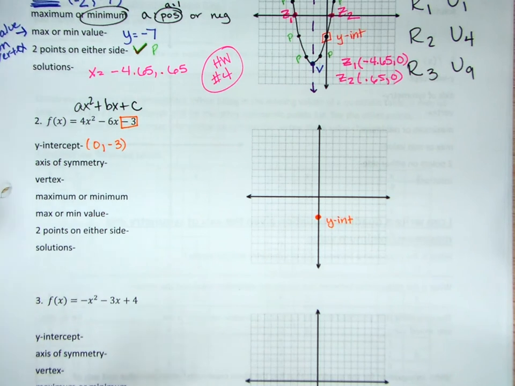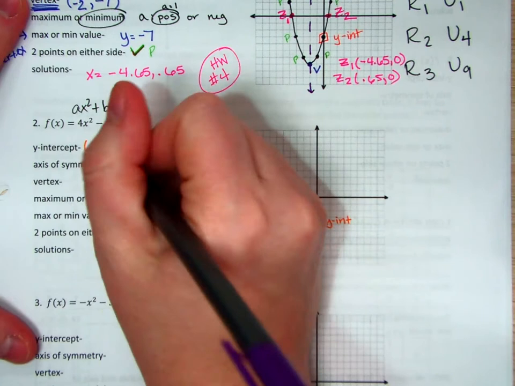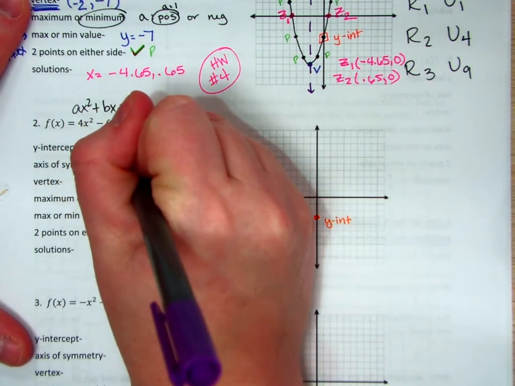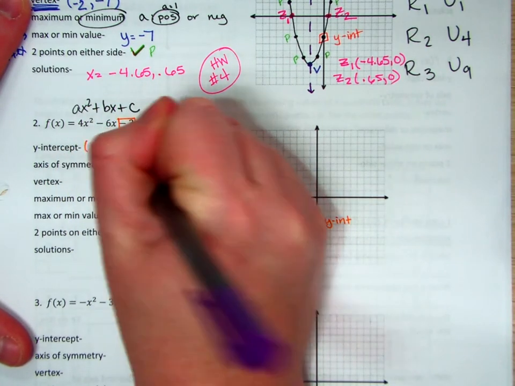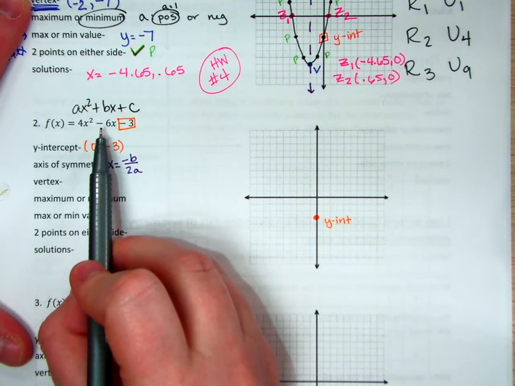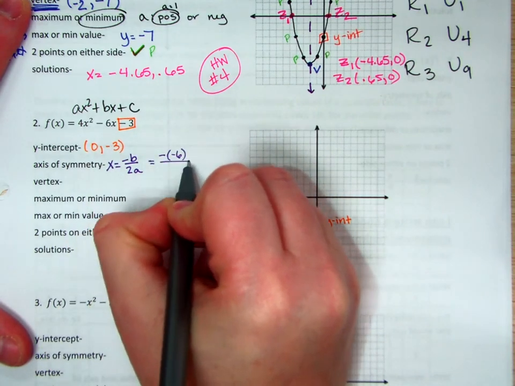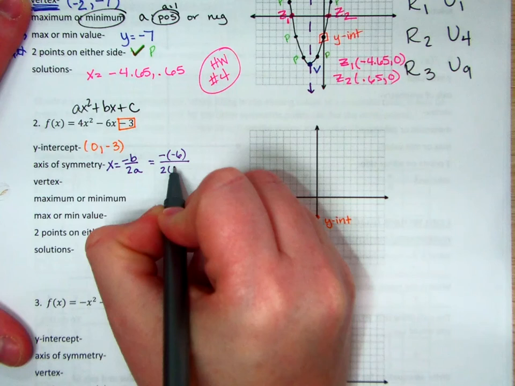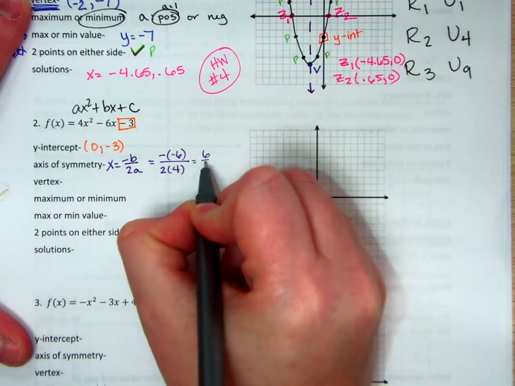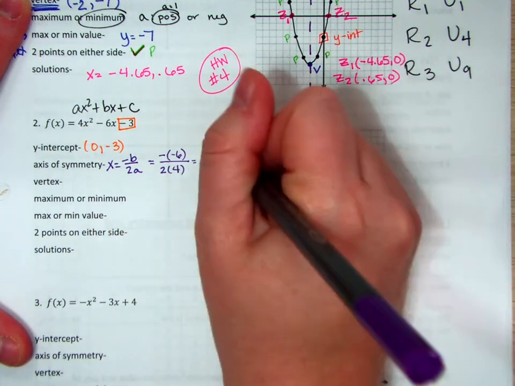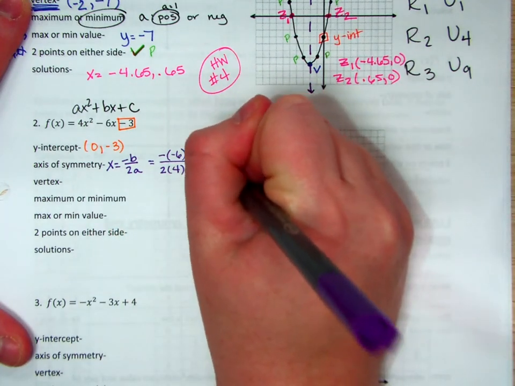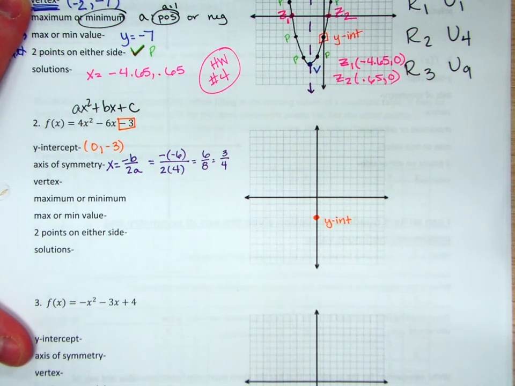Okay. The next thing we have is the axis of symmetry. I did axis of symmetry yesterday in purple, so I'm going to do that again. x equals negative b over 2a. b in this case is negative 6, so negative times negative 6 over 2 times 4, which equals 6 over 8, which equals 3/4. It's going to be a little bit harder to do, but that'll be okay.